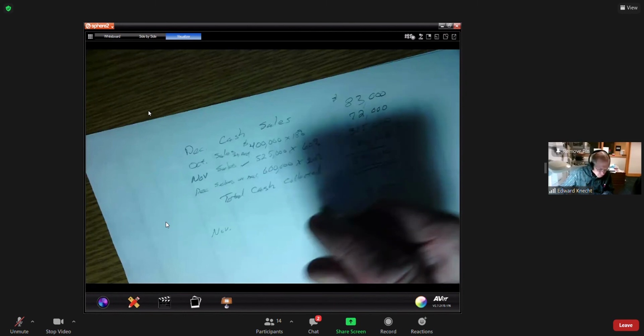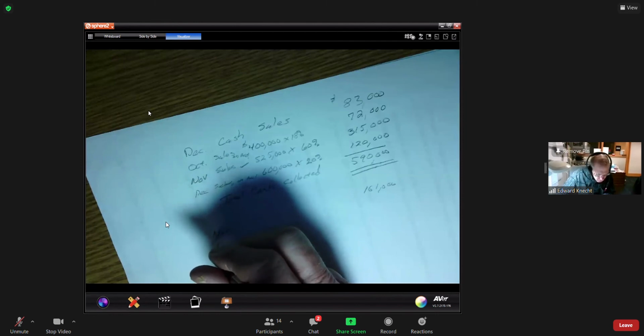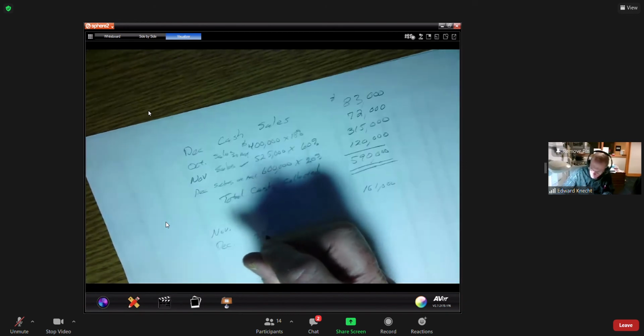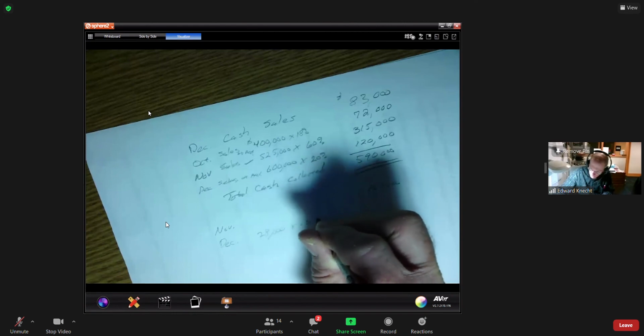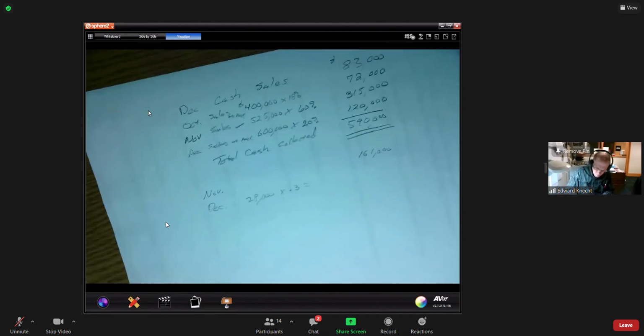Next, December purchases. How much did we purchase in December? Purchases of $280,000 in December, of which 30% or 0.3 would be paid for in the month.